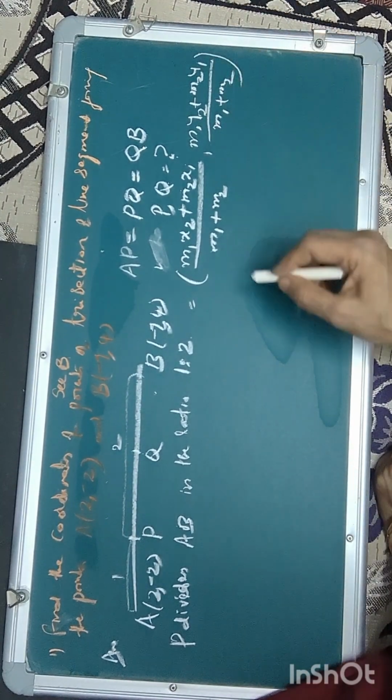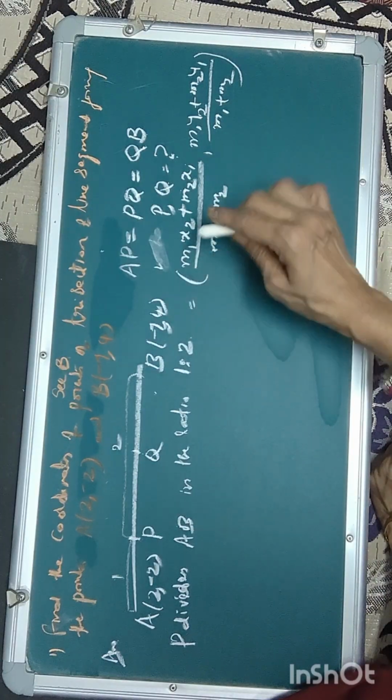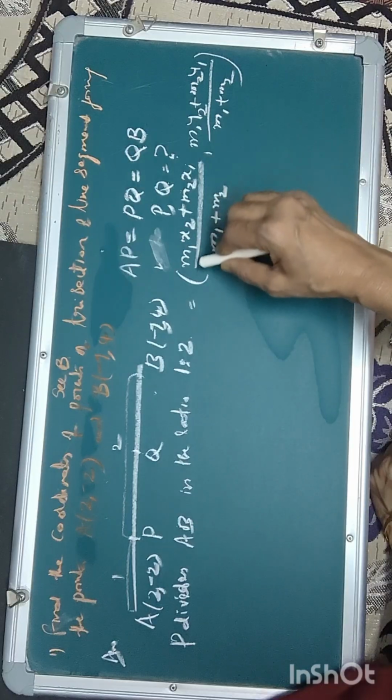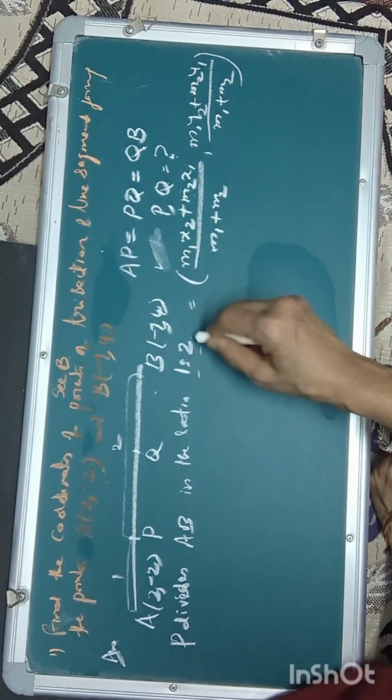This is the formula where (x1, y1) and (x2, y2) are the coordinates of the line joining the points, and m1:m2 is the ratio. Here the ratio is 1:2.